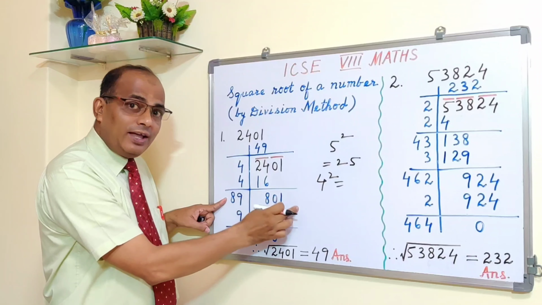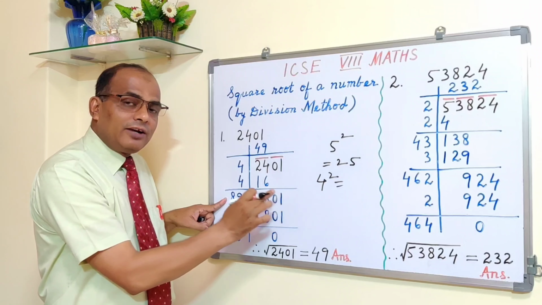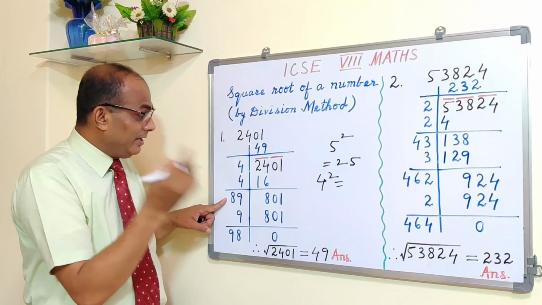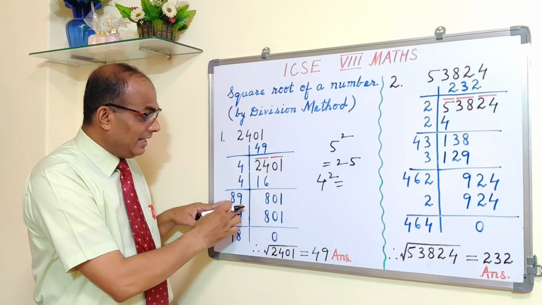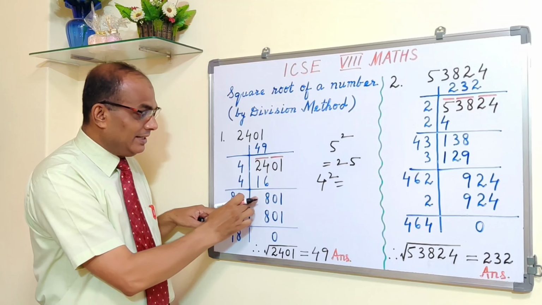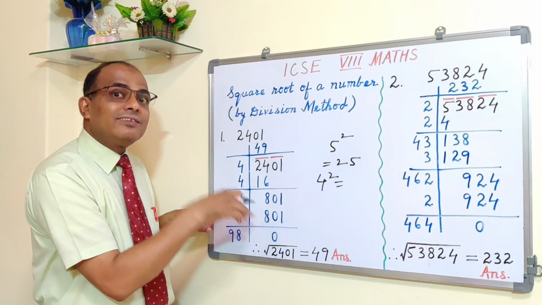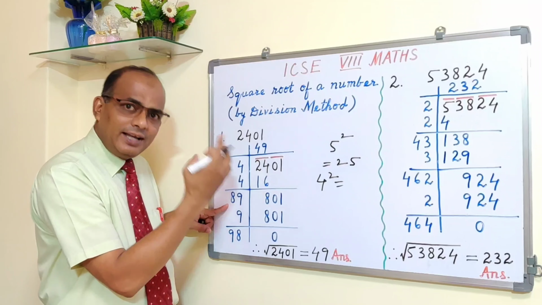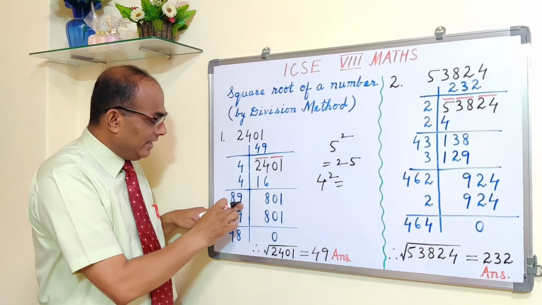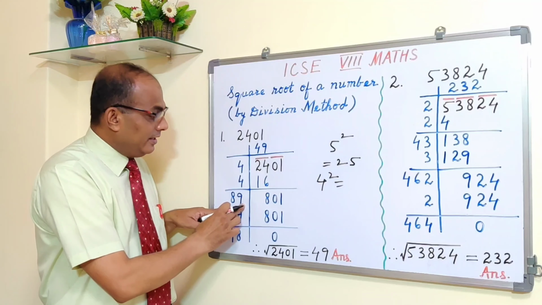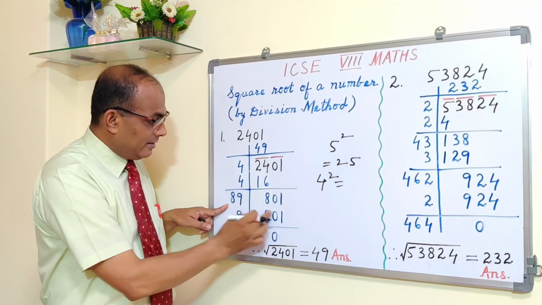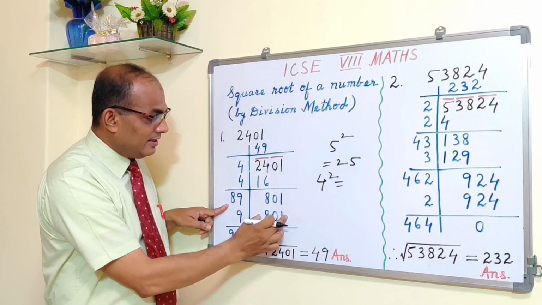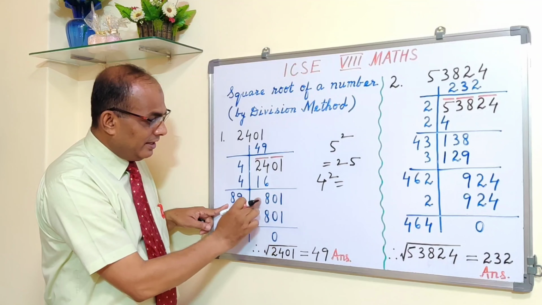smaller than 801. So then you may think that maybe if we take 9 here, in that case also it will be either 801 or less than 801. So let us try by 9 also. In the case of 9, the number is 801.